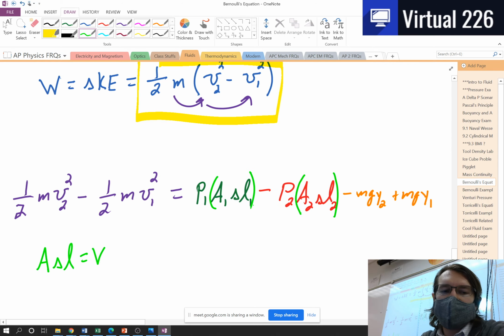And as a matter of fact, both of those volumes are actually going to be the same. They have to be the same volume because our fluid is incompressible. So these are going to become volumes in a little bit.